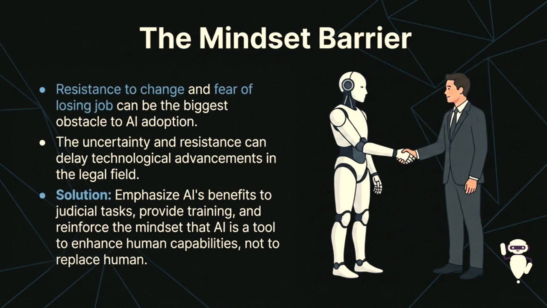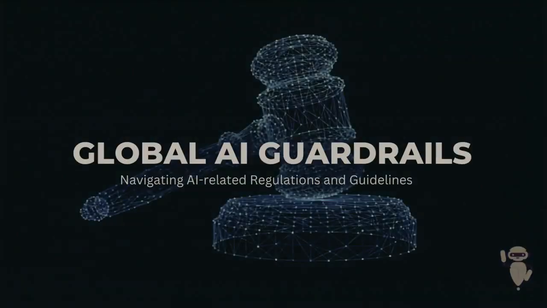To overcome this barrier, it's essential to emphasize the benefits of using AI and reinforce the mindset that AI is here to enhance human capabilities, not to replace them. So once it becomes part of our daily life, this concern will eventually get better and better.